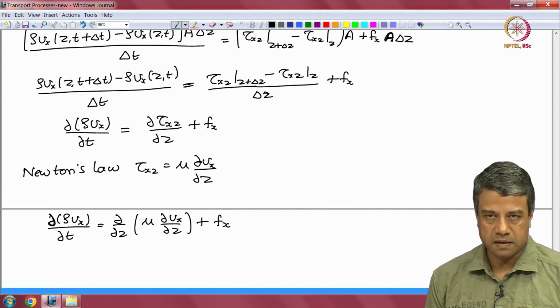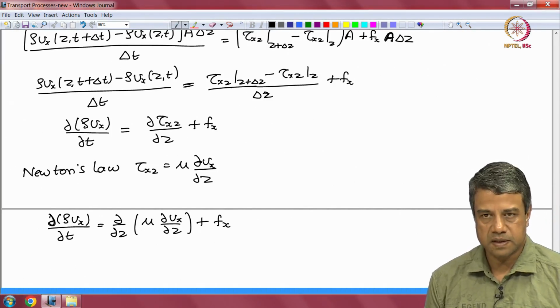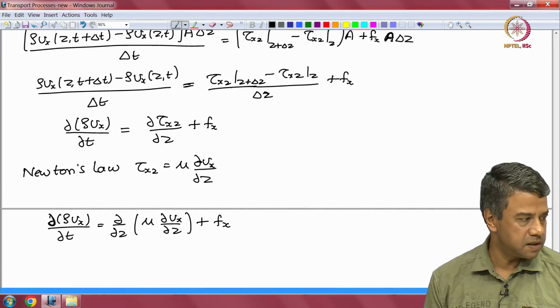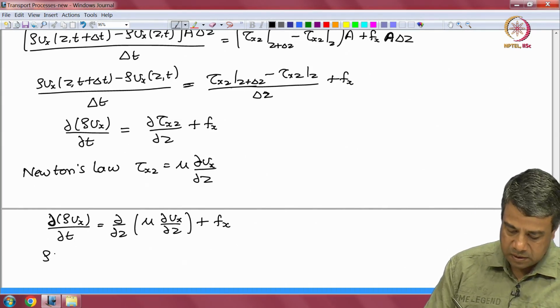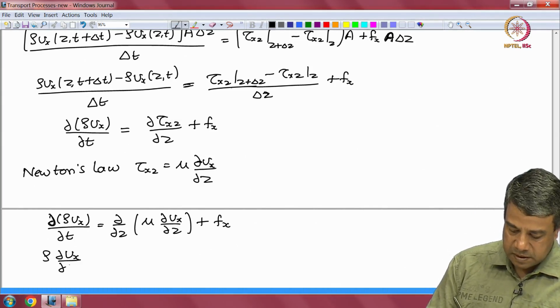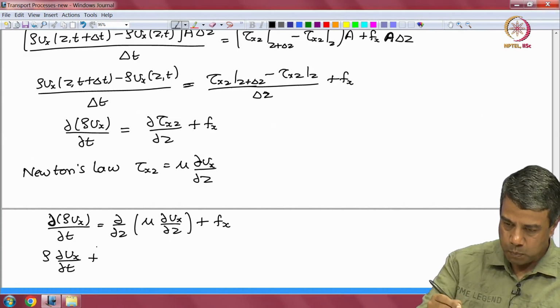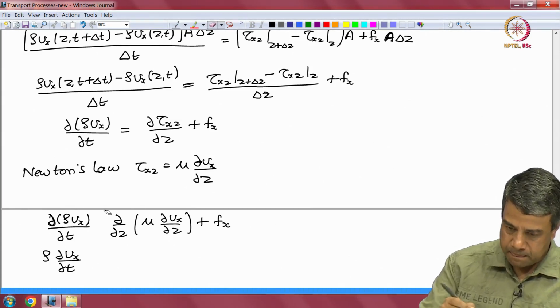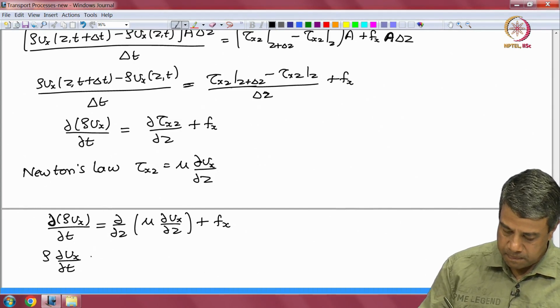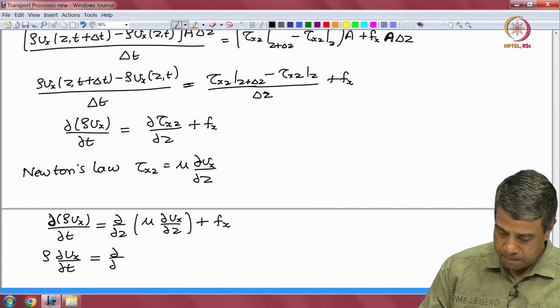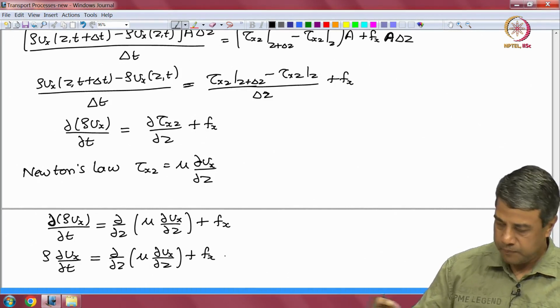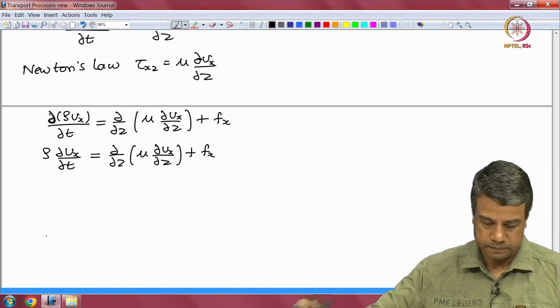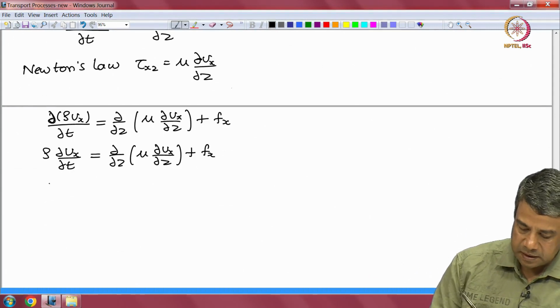If density is a constant, as it is for incompressible fluids, then I can take rho outside and I will get rho times partial v x by partial t. I can divide throughout by density if it is a constant.